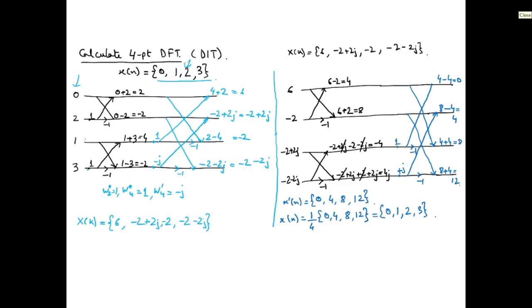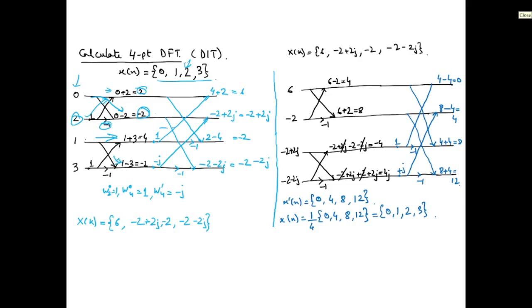So this is 1, 1, minus 1, minus 1. Here what we get: 0 plus 2, we get 2, and here 0 minus 2, or minus 2. Okay, similarly over here we get 4, and here we get minus 2.